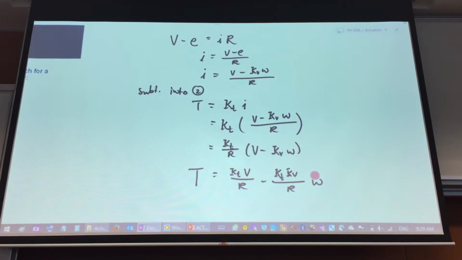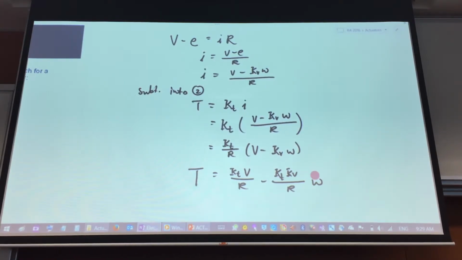Now this expression is interesting. If you look at this part over here, the amount of supplied voltage is a constant. The torque constant is a constant. The resistance of your motor is a constant as well. So that part is a constant. The same goes for this.